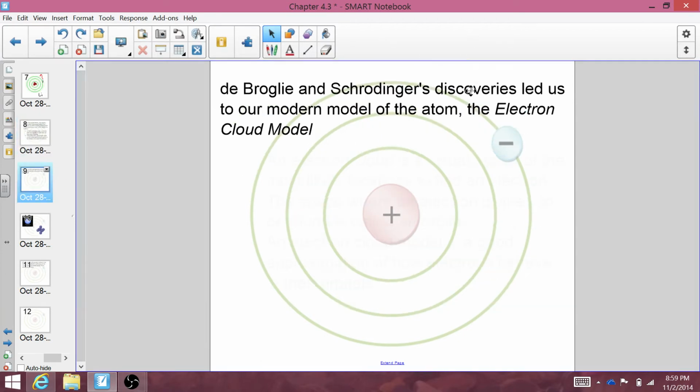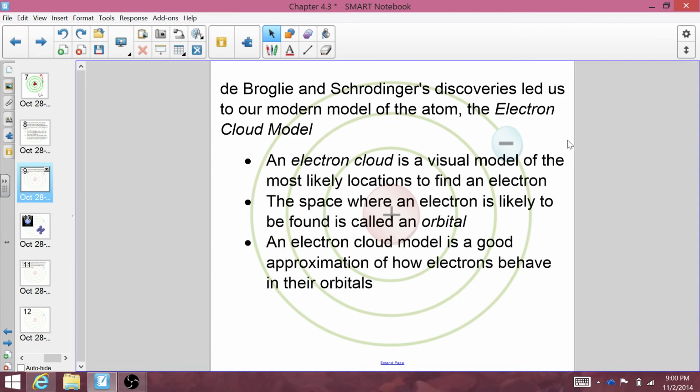This led us to what we now accept as the model of the atom in current times, and this is called the electron cloud model of the atom. We still have a small positively charged nucleus where all of the protons and neutrons reside, and all of the electrons are found outside of that nucleus. But unlike the electrons moving in one set line around the outside, the electrons exist in a probability space.